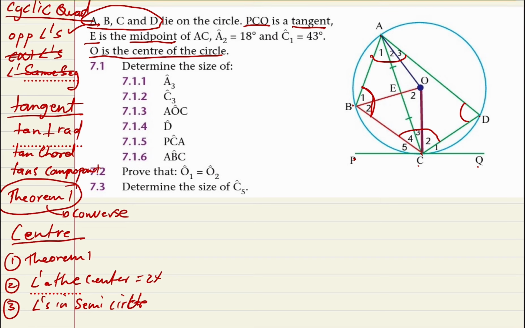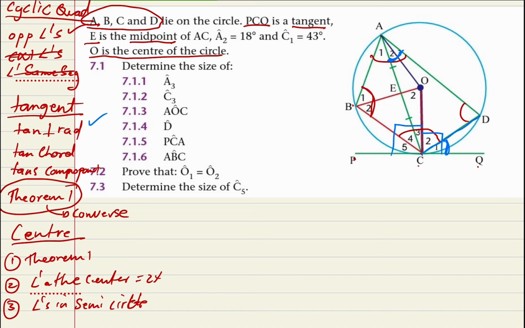Then you go for tangents. Tangent. Do I have a tan radius? Oh yes, I do have a tangent perpendicular to the radius. Here it is. So that means that one is a pass. Do I have a tan chord? Yes, I have a chord here. So that means this one is equal to that one.